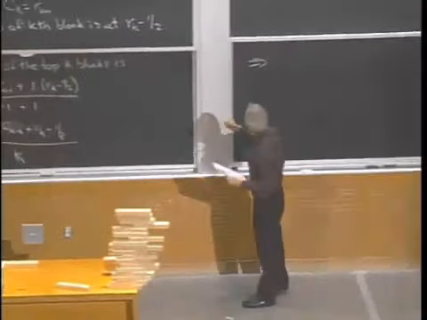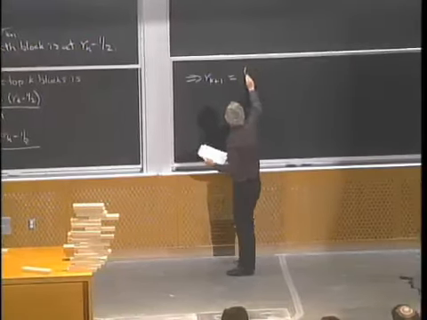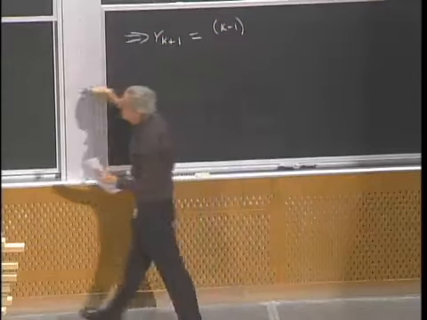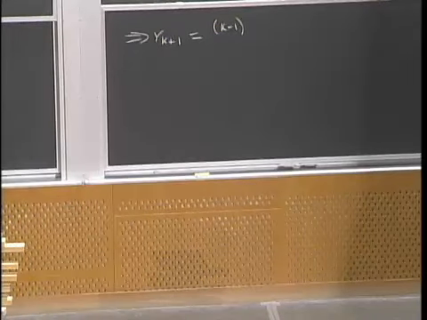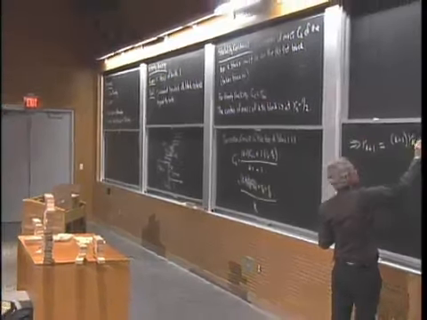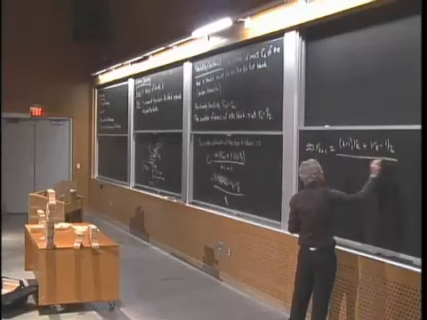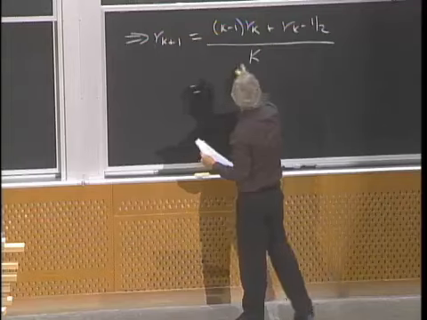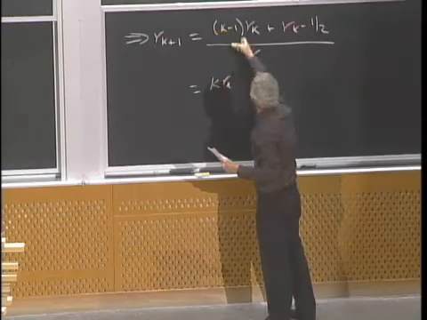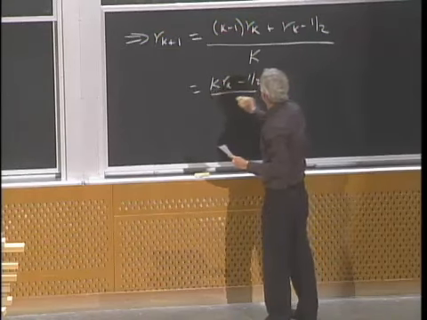So I got ck as rk plus 1 equals k minus 1, well, ck minus 1 is just rk, plus rk minus a half over k. And this simplifies to k rk minus rk plus rk, they cancel, minus a half over k.